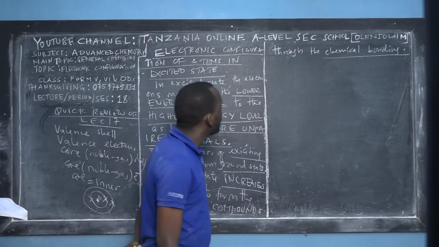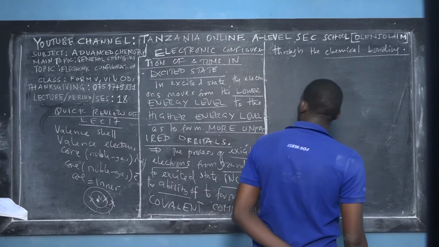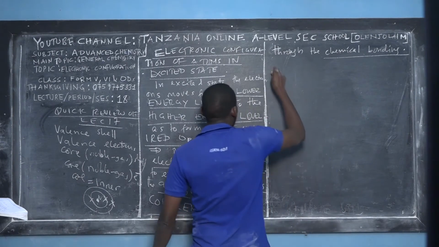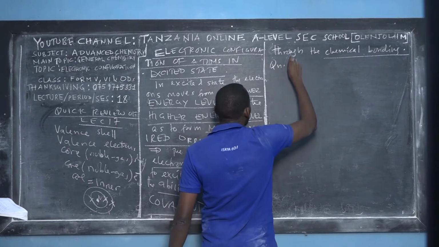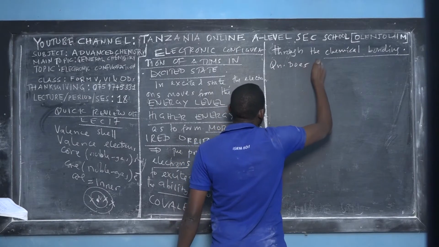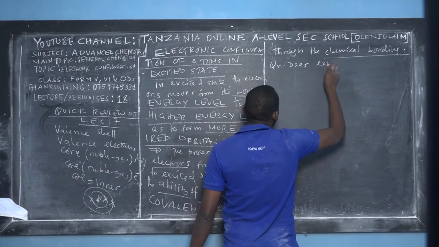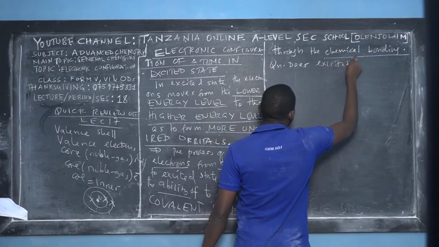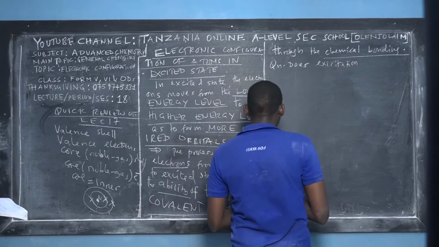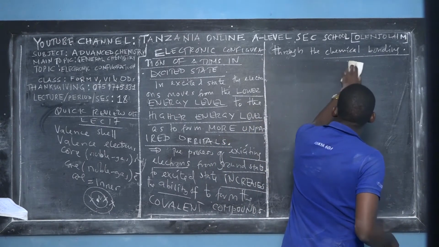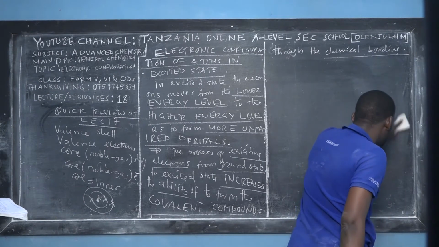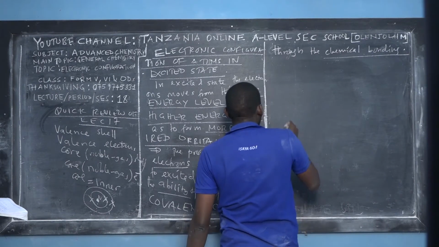Because we are moving electrons from the ground state to the excited state, there is another question we have to ask ourselves. Before that, let me remind you how the excitation process takes place in the atom.